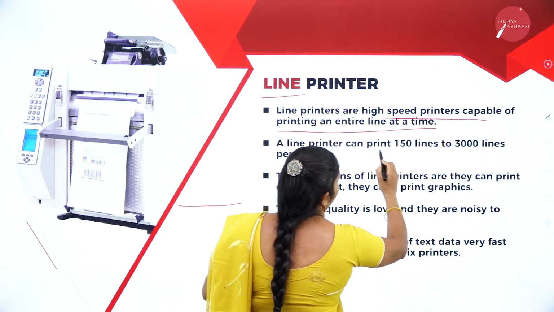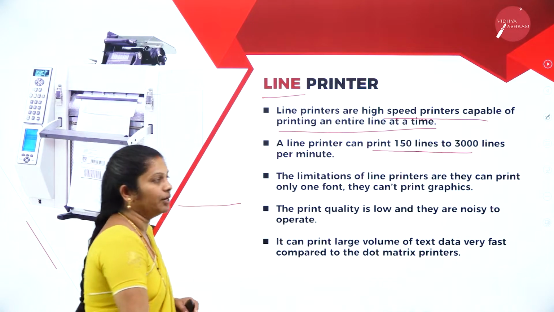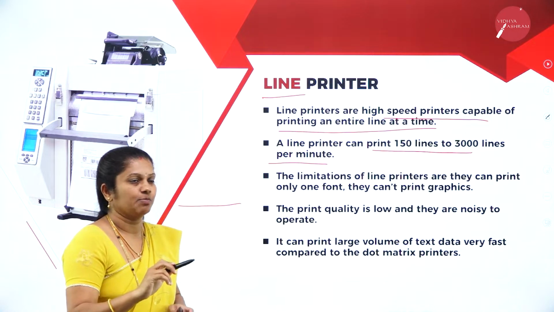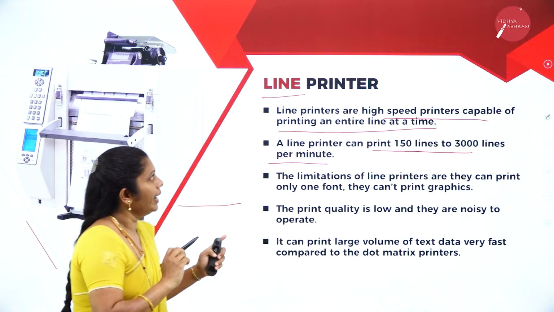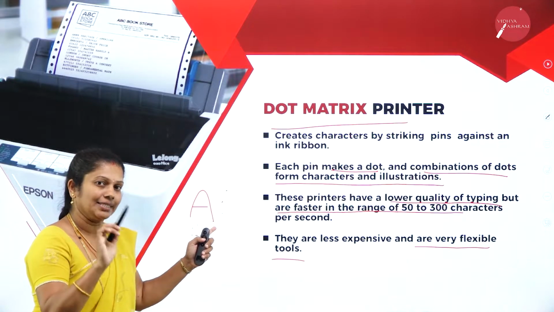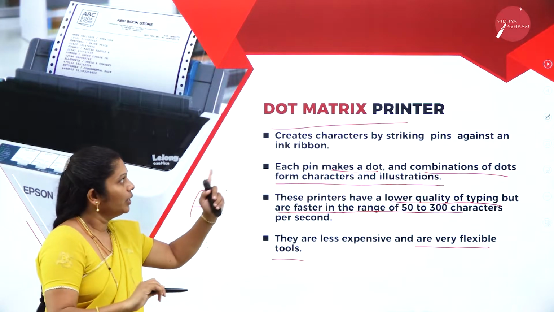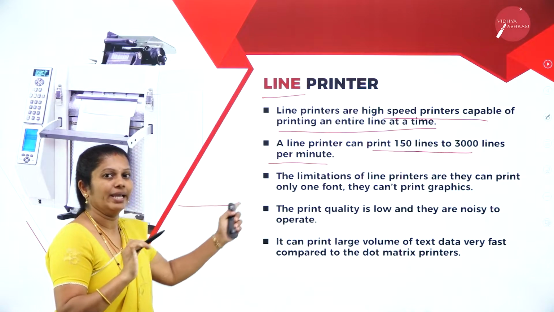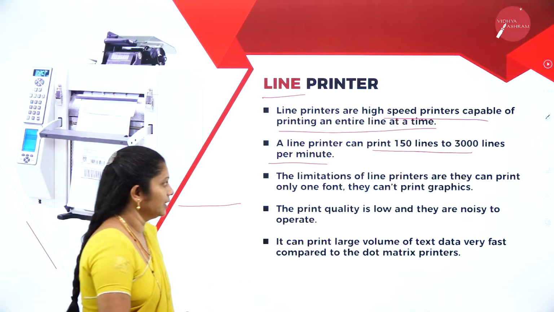A line printer can print 150 lines to 3000 lines per minute. Compared to a dot matrix printer, line printers are fast, because in a dot matrix printer each character must be developed by using dots only, whereas here it can print an entire line at a time. That's why the speed is faster.